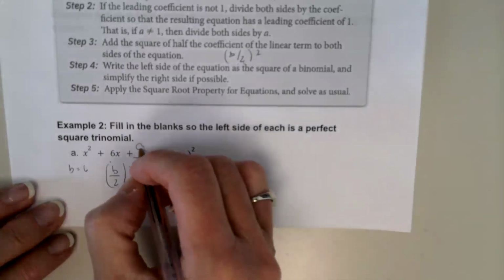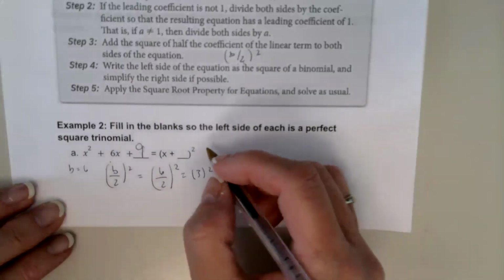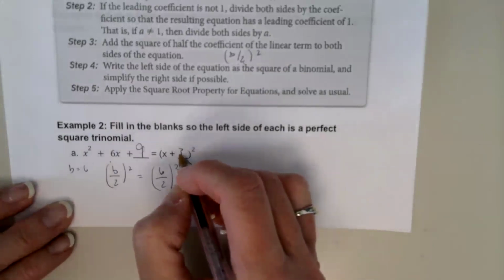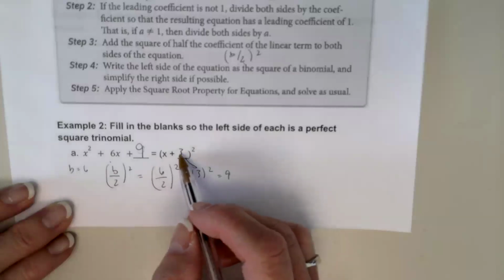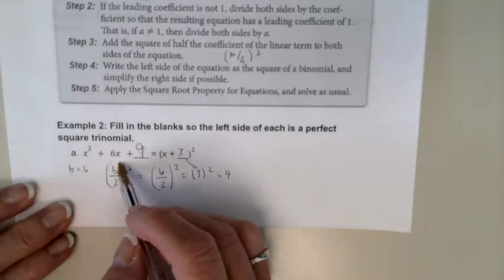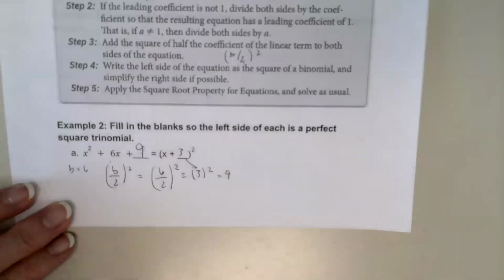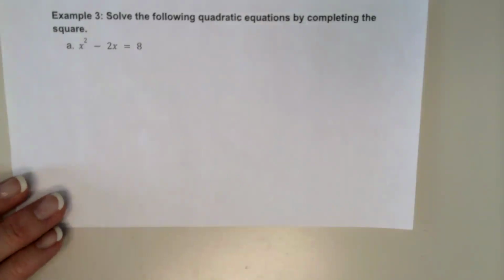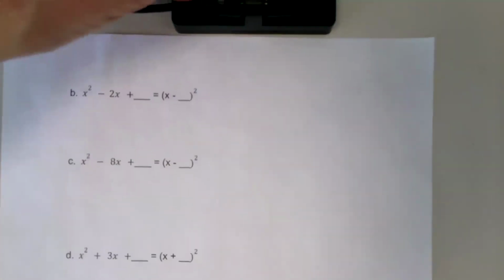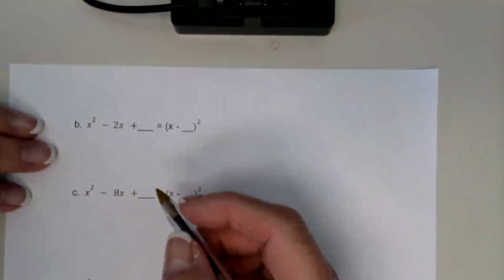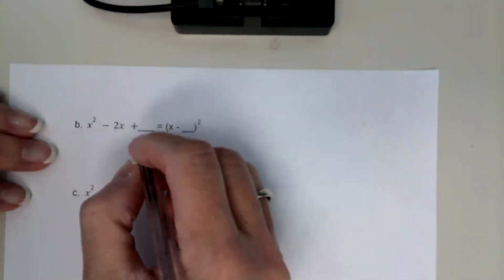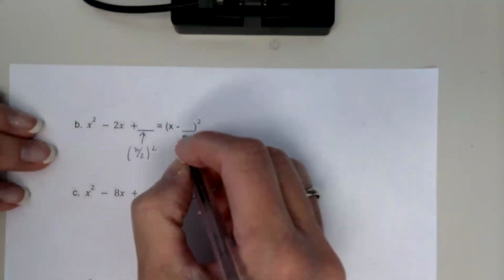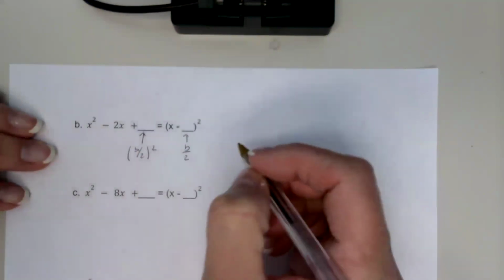So I'm adding 9 here, and the 3 is going to go here, because x plus 3 times x plus 3 is x squared plus 6x plus 9. Let's just practice here. So what goes there is b divided by 2 squared, and what goes here is just b divided by 2.